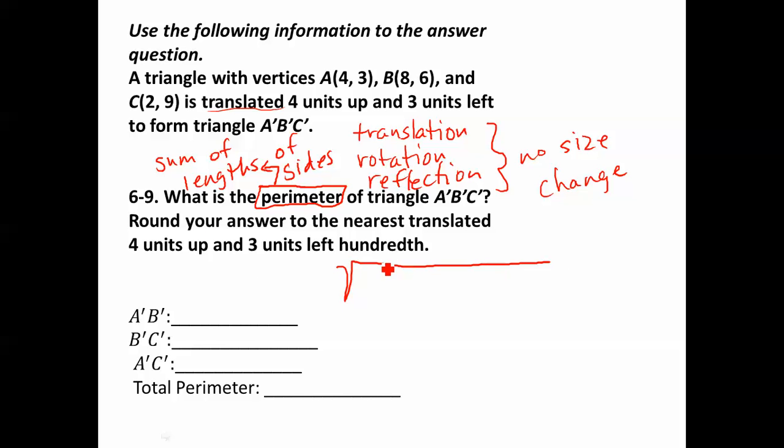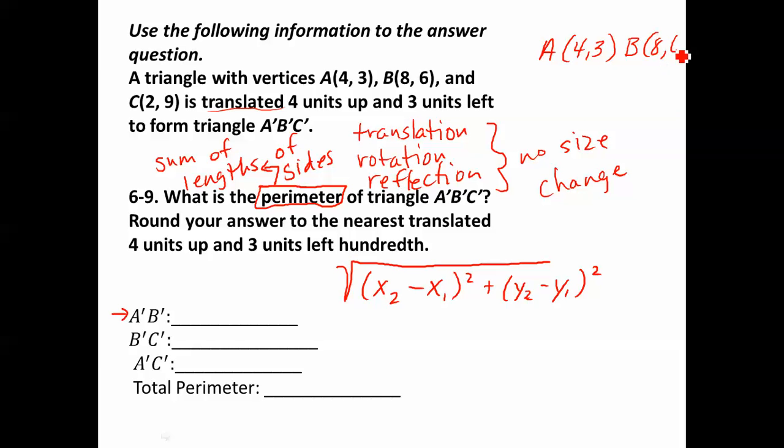So my distance formula is x2 minus x1 squared plus y2 minus y1 squared. I'm trying to find the distance from A to B, so I'm going to use point A as 4, 3, and I'm going to use point B as 8, 6, and I'm going to ignore point C because I don't need it right now. It's not involved in this one.